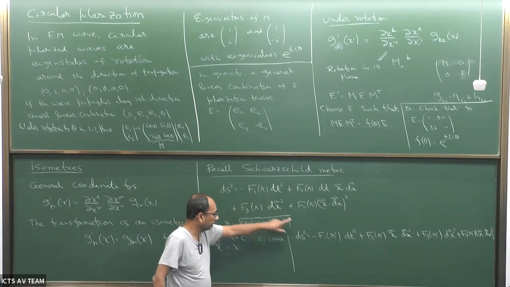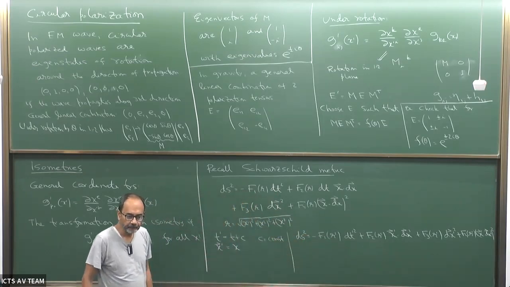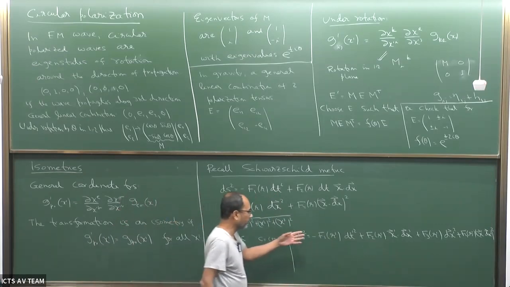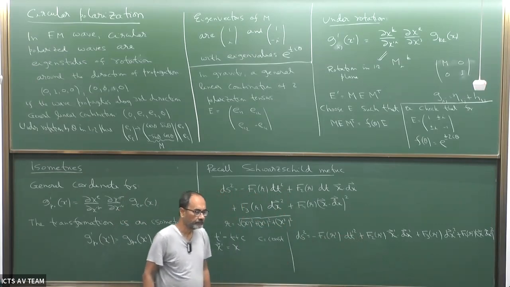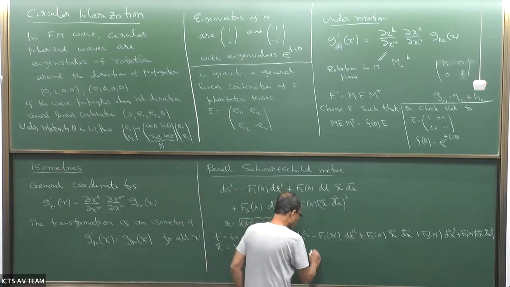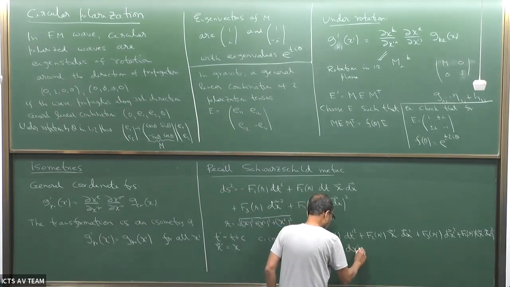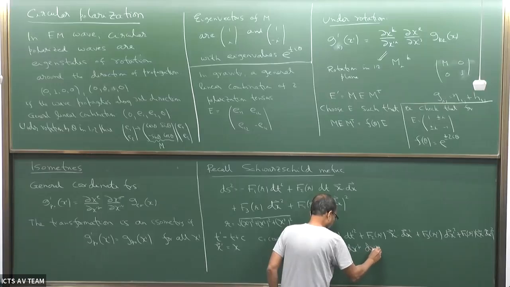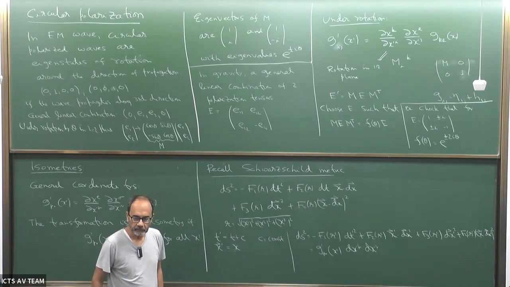And for the rest, x prime is equal to x anyway, so I can just rewrite everything in terms of the prime variables. And this by definition is g prime mu nu of x prime dx prime mu dx prime nu.